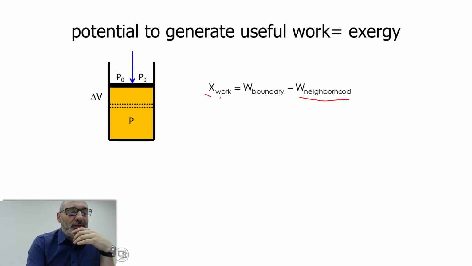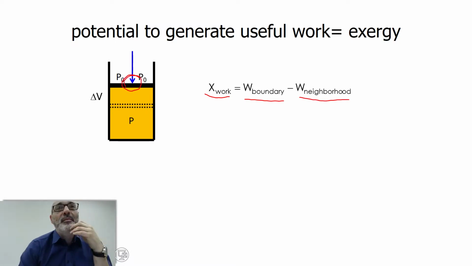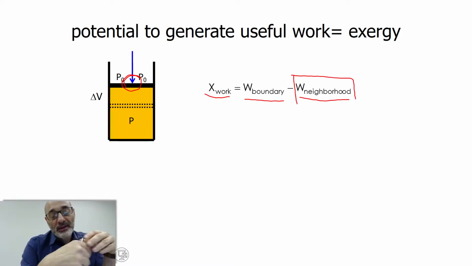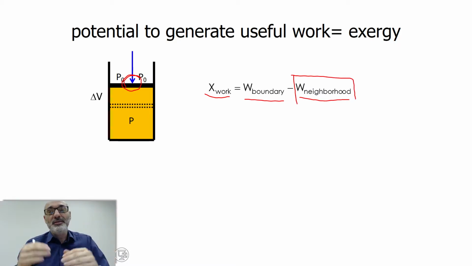So the amount of exergy is the exergy associated with work at the boundary, because that's force times displacement, subtracting the amount of work that is being spent in order to compress the atmosphere, okay? So that's for the closed system.